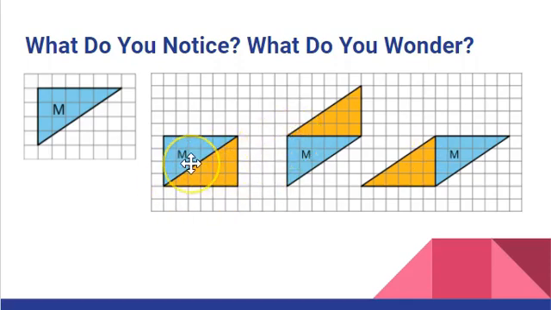But if I can find the area of this one rectangle, which is 1, 2, 3, 4 by 1, 2, 3, 4, 5, 6, it's 4 by 6, so the area would give us 24 square units.